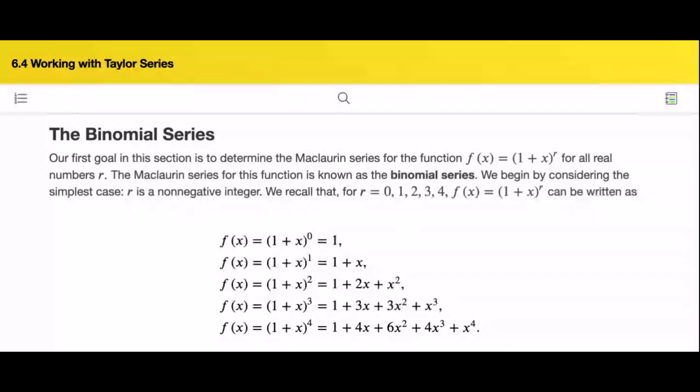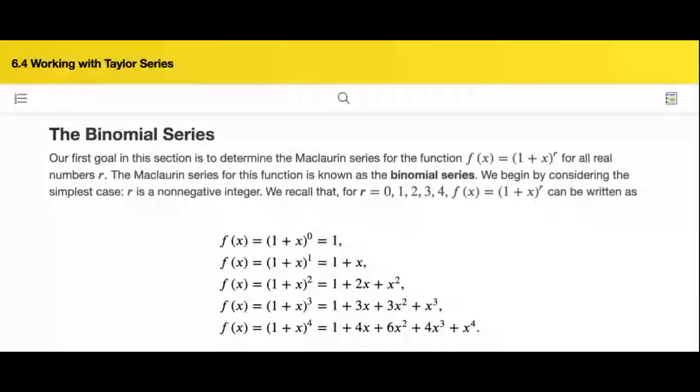That means n can start with 0 and go up to 1, 2, 3. But here we're dealing with 1 plus x raised to r, and r can be any real number. r can be pi, r can be square root of 2. That's the fancy part of this.